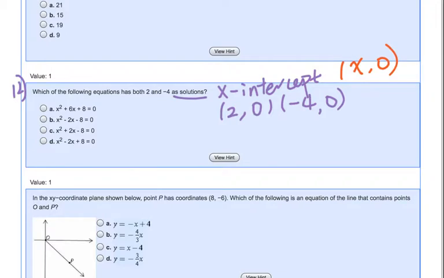So you just need to plug in. If you plug in 2, do you get 0? If I plug in negative 4, do you get 0? Then this will be your answer. After you plug in 2 and negative 4 separately to A, B, C, D, you could see that C will be the answer.